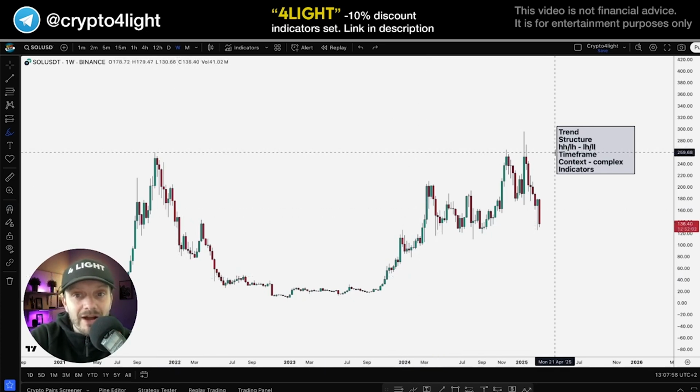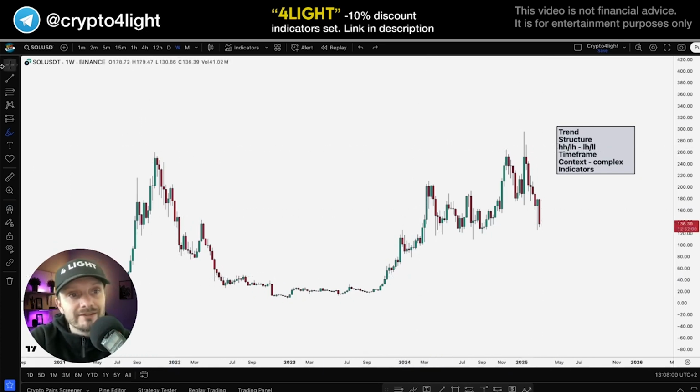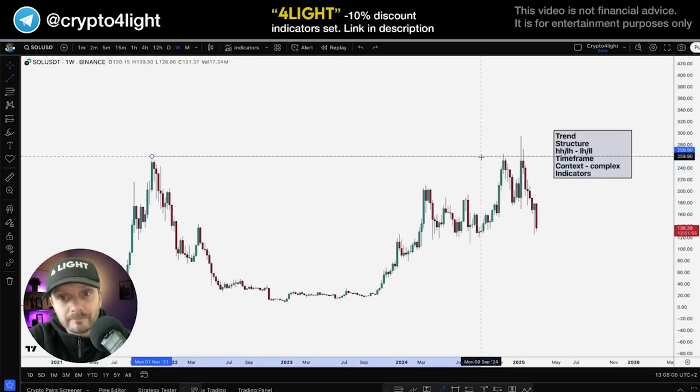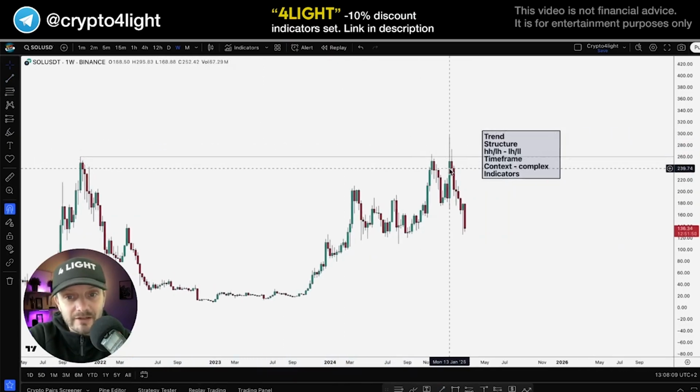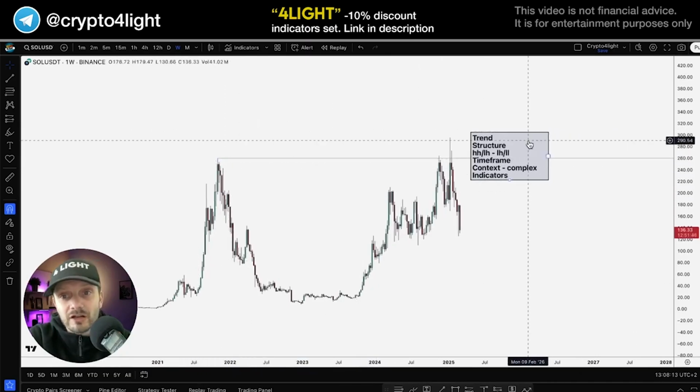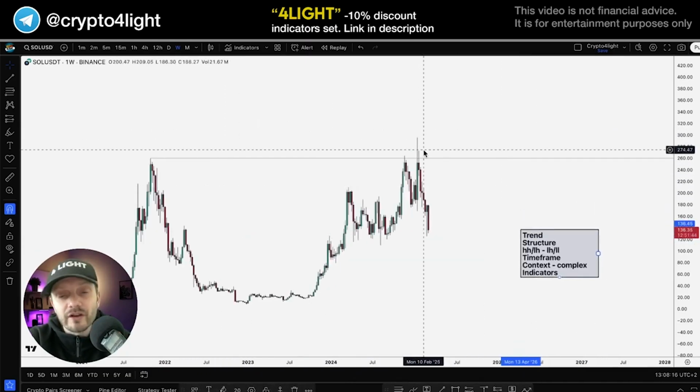Technically, we swept the high, so we broke the downtrend structure, because we started forming the downtrend structure since November 21, and in January 25 we broke the structure. So this is what people call the break of structure. How to identify whether this is a real break of structure or not?